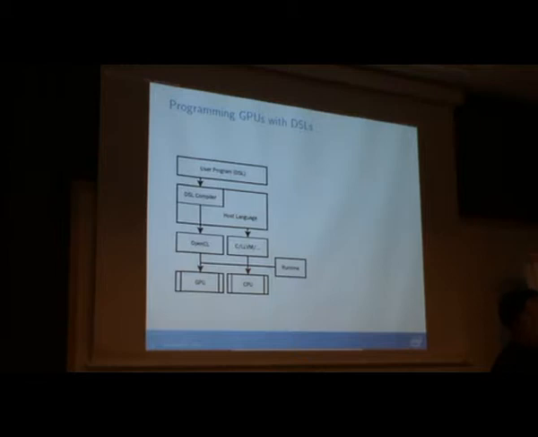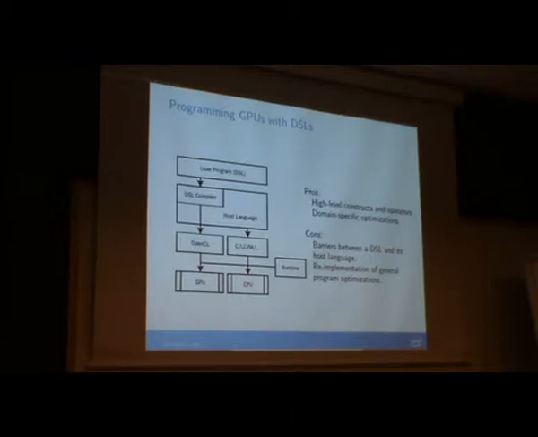As with any programming model, there are pros and cons. The pro is that you continue to write in a highly declarative way with high-level constructs and operators. And you can do domain-specific optimizations for this particular GPU target. But there are also cons. One of them is the barrier between the DSL program and the host program.